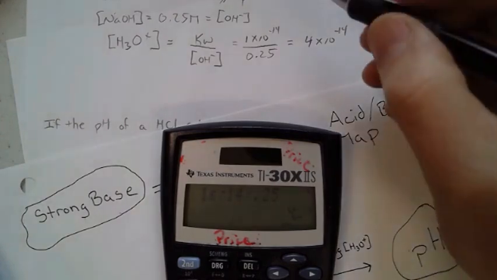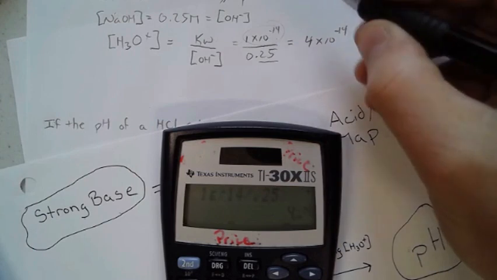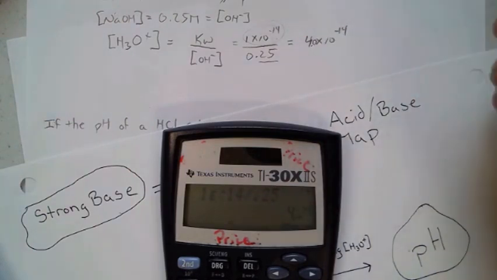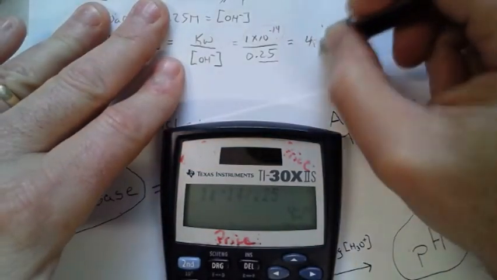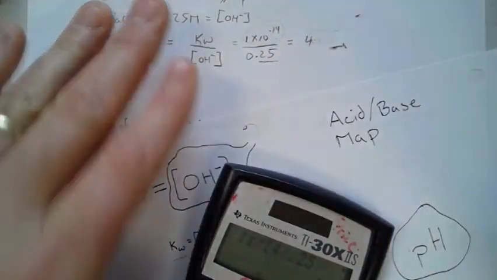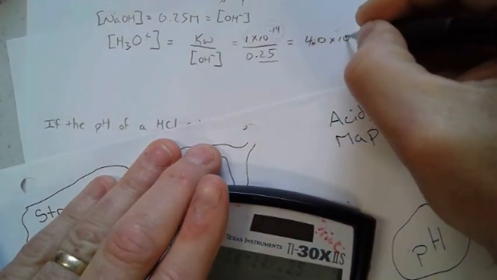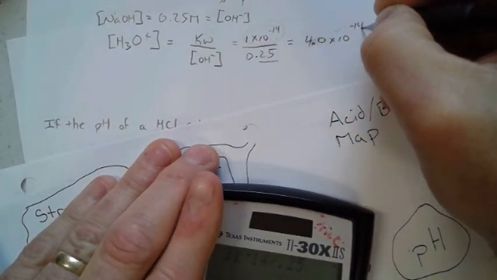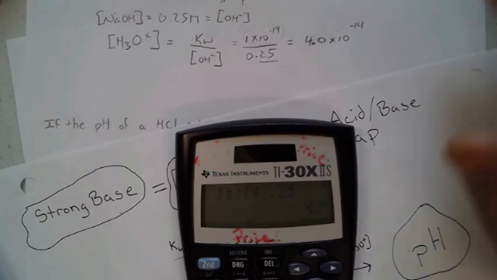Now, for significant figures purposes, remember Kw is a constant, so don't worry about that. I have 2 here, so technically that needs to be 4.0. All right, 4.0. Let me erase that, make that nice and clear. 4.0 times 10 to the negative 14. Sorry about the bell.